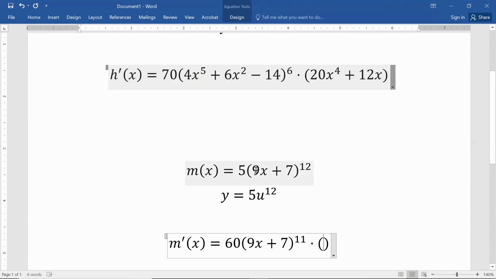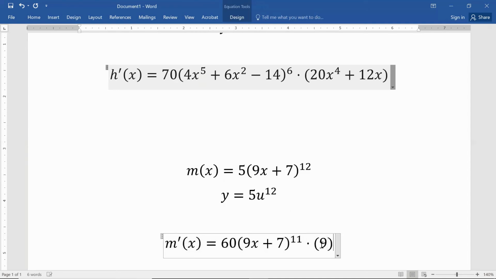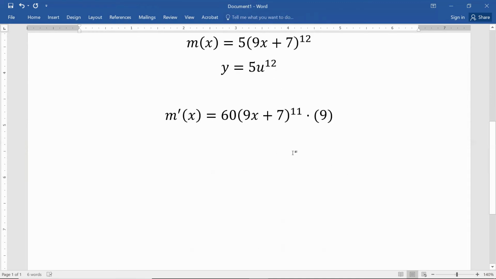This inside function is a linear function. Its derivative is 9. A lot of times when I get an answer that looks like this, where we have a 60 out front and it's multiplied times a single number on the back, I will go ahead and do the multiplication just to simplify.